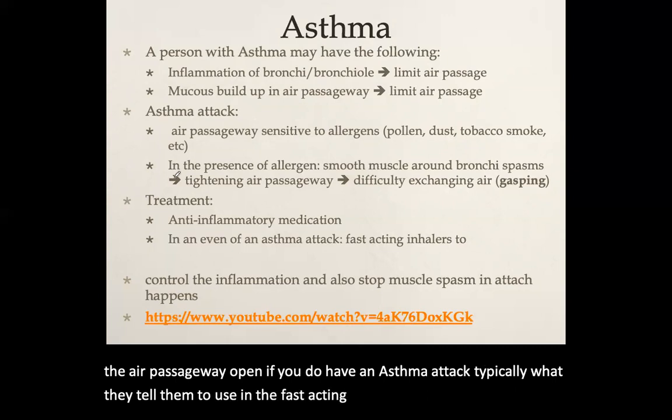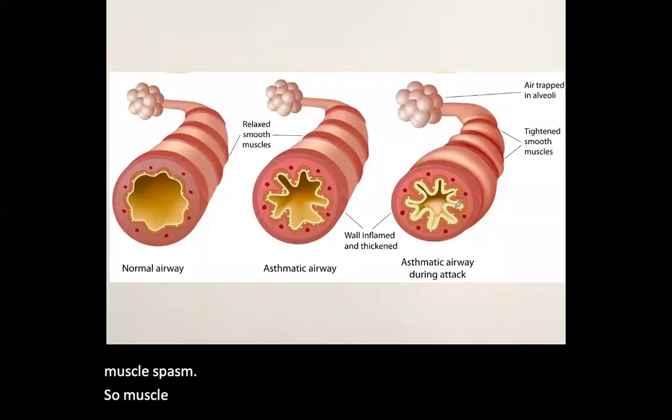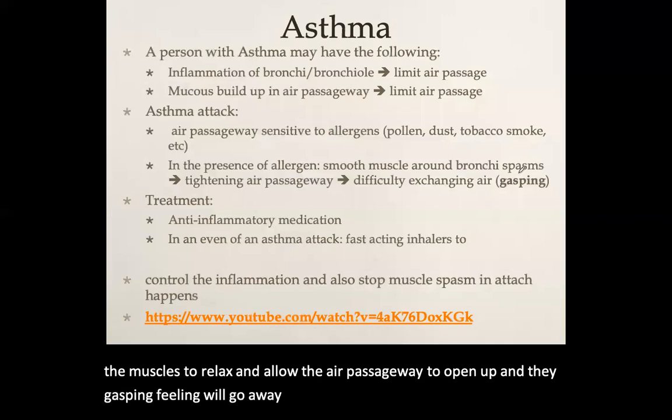This inhaler controls the inflammation partially, but it also stops the muscle spasm. Muscle spasm is basically, again, tightening of these muscles. It allows the muscles to relax and the air passageway to open up, and the gasping feeling will typically go away when you use an inhaler.